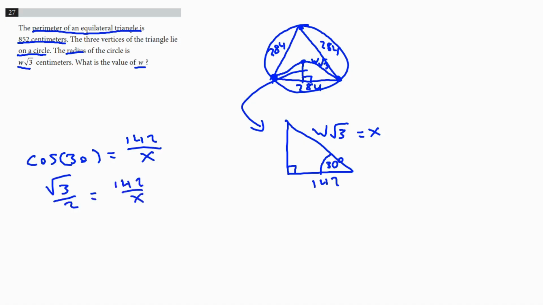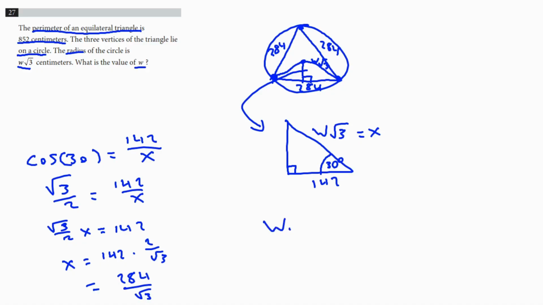So then if we solve for x, let's multiply it to the other side. We'll get square root of 3 over 2 x equals 142. Now let's just divide it out to the other side. So then x is going to equal 142 times 2 over root 3, which is 284 over root 3. So then now, x is the same as w square root of 3.